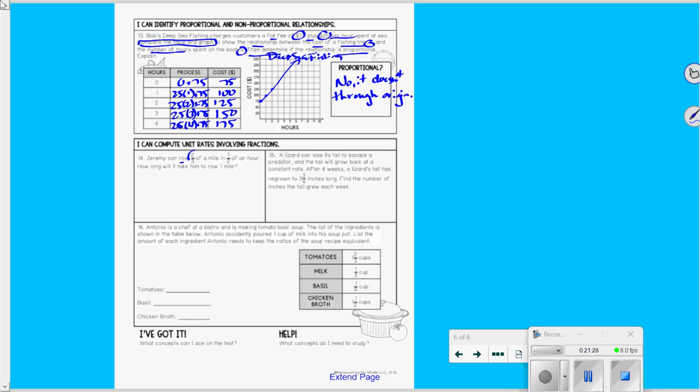Jeremy can row 2/3 of a mile in half of an hour. How long will it take him to row 1 mile? So if it's 2/3 per 1/2, you have two options. The one I saw most of you guys using today was using proportional reasoning, saying, well, if this is a half mile, I need to multiply by 2 in order to get my denominator to 1. So I multiply that by 2.